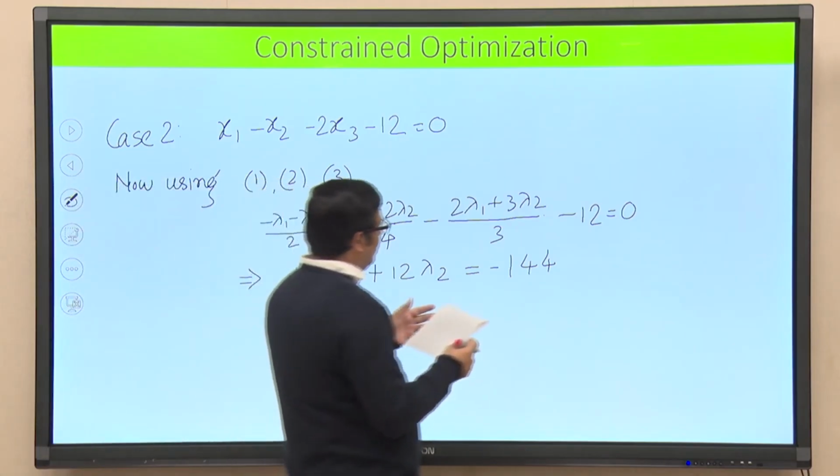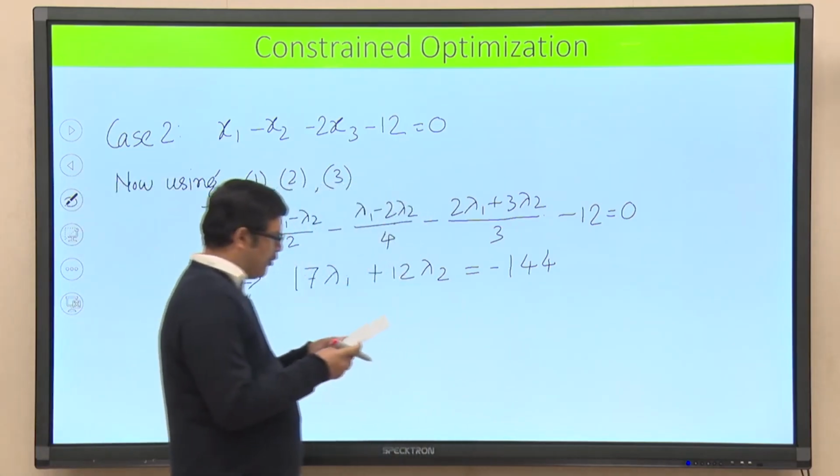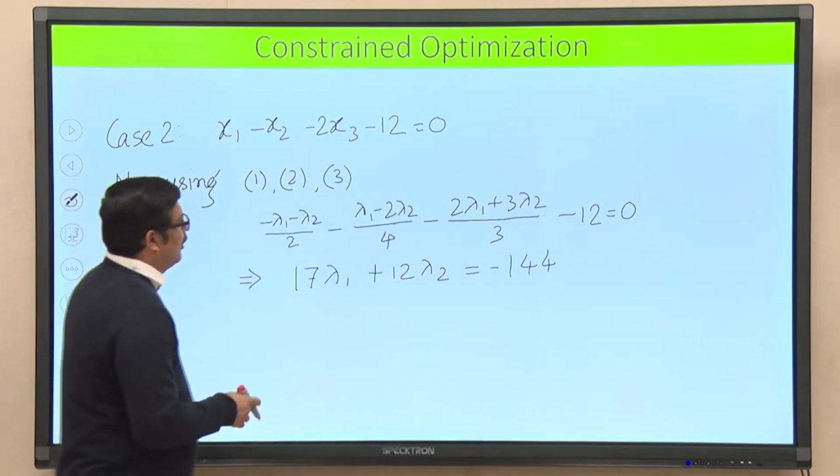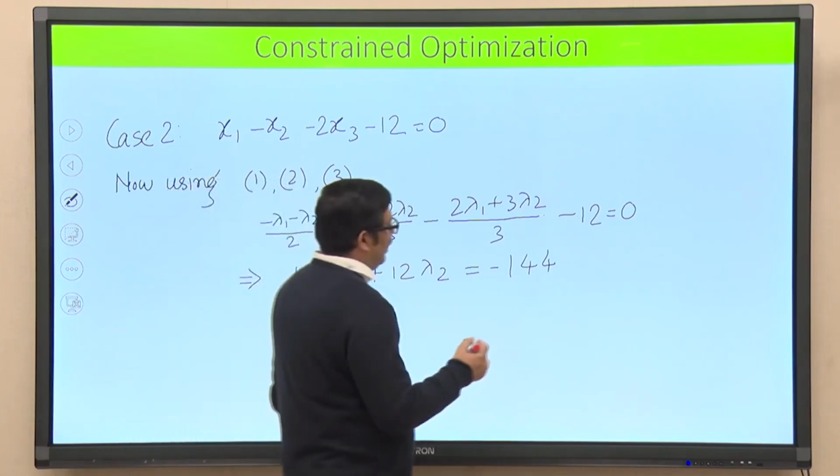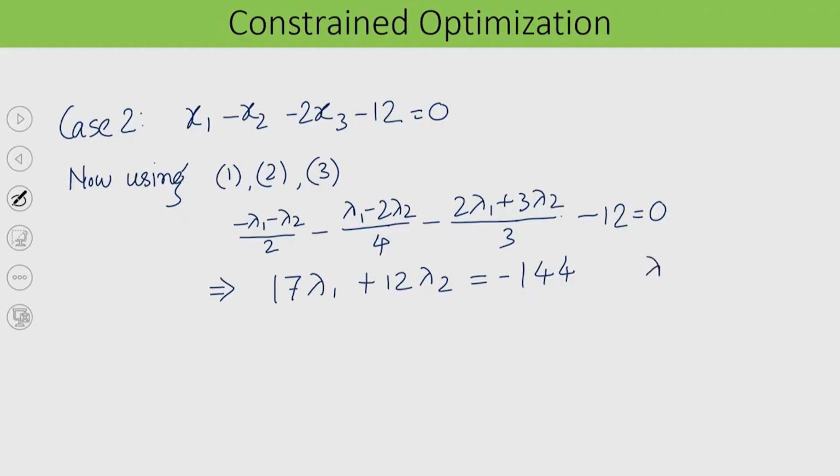As per equation 8 and 9, lambda 1 should be greater than 0 and lambda 2 should be greater than 0, but here lambda 1 and lambda 2 cannot be greater than 0. Therefore, this is not a feasible solution.